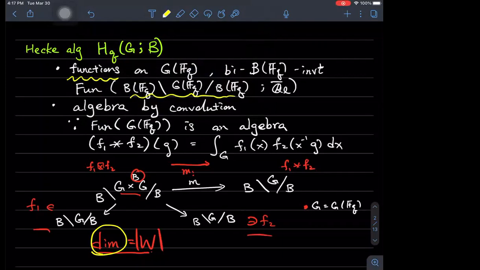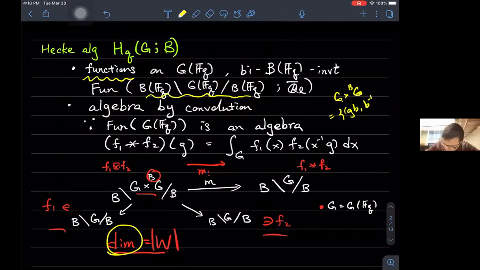I see. And this double coset is indexed by W by the Bruhat decomposition. So the action is g b, b inverse g prime. So you could somehow collapse this B action.